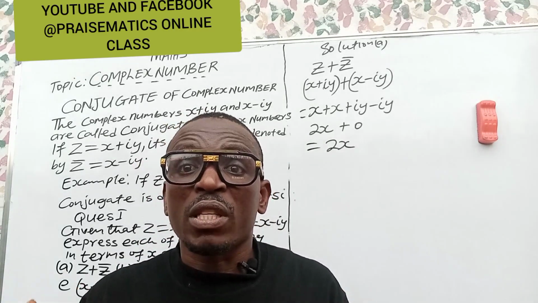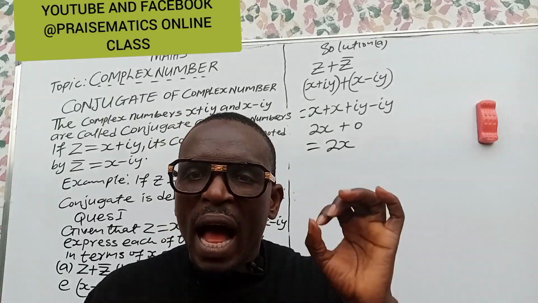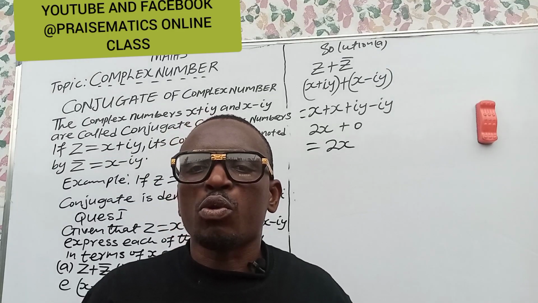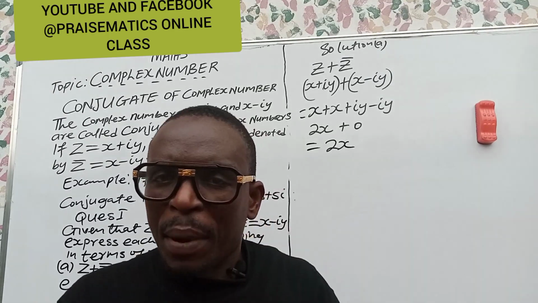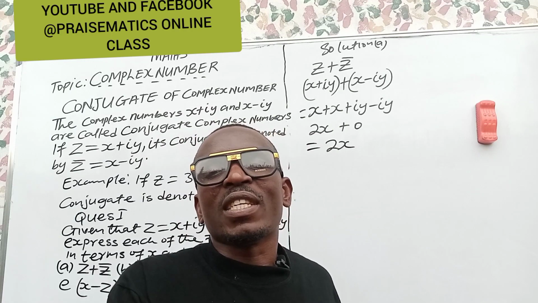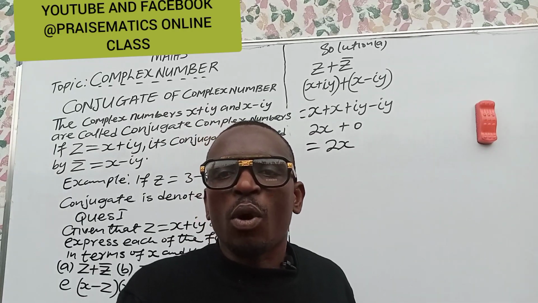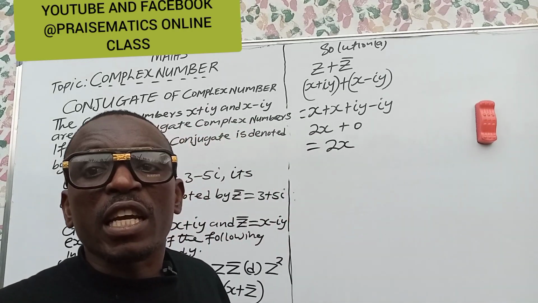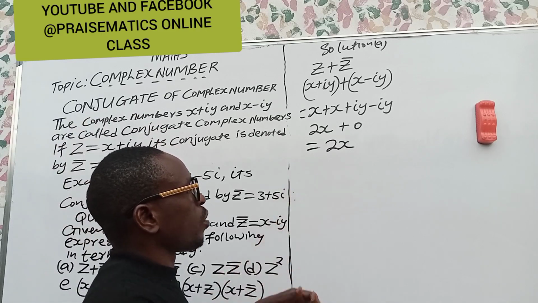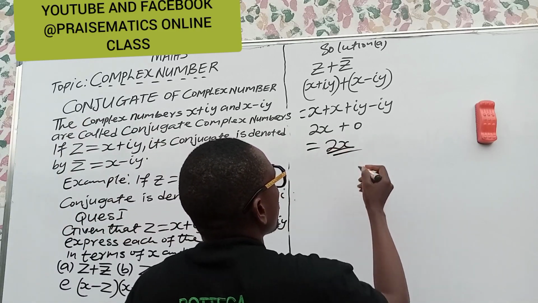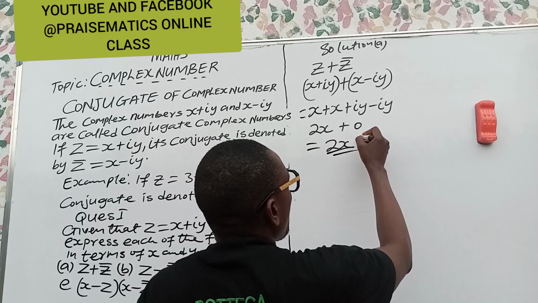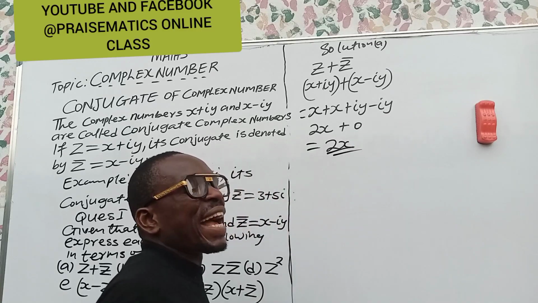There does not exist an imaginary part. In other words, this is in the form of 2x plus 0i.